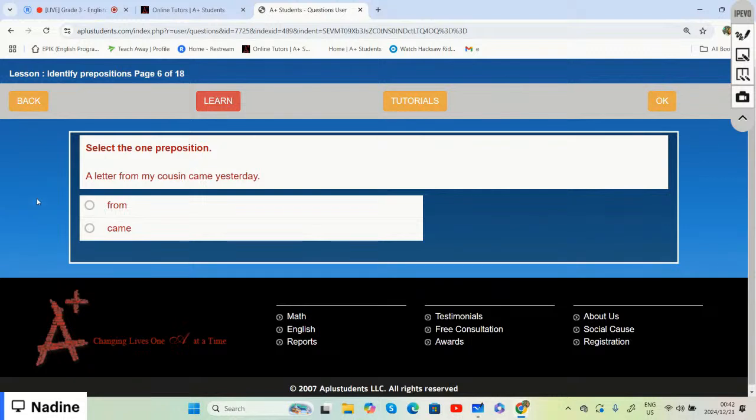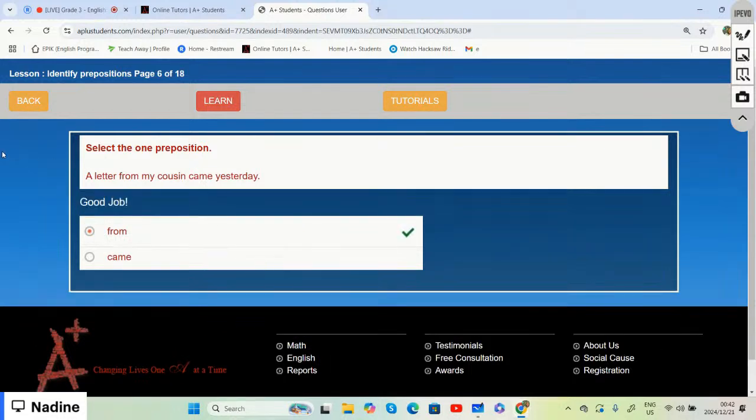And if we were to choose the correct option, then yes, from is our preposition. Well done.